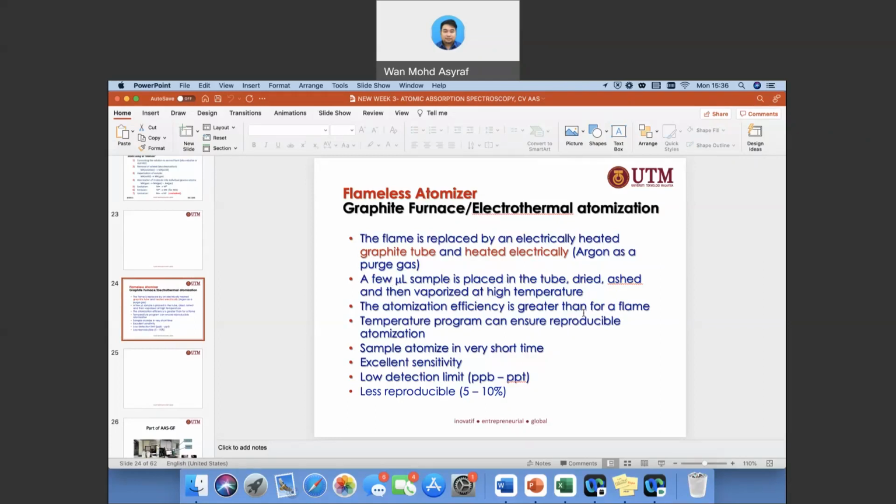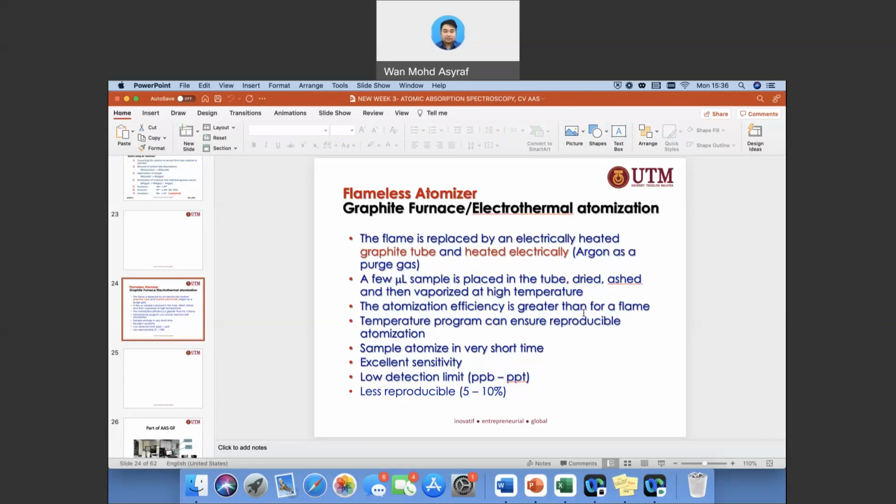Imagine that the graphite furnace has a plate there. You just put your sample in, whether liquid or solid, and when it is heated, all of the processes follow through: dissolvation, vaporization from solid to gaseous, excitation, emission. So everything will happen at the same time.